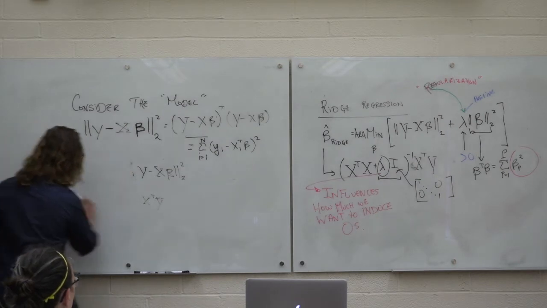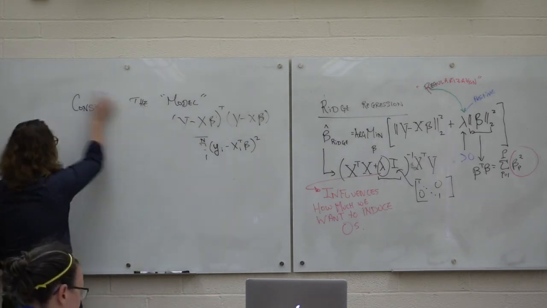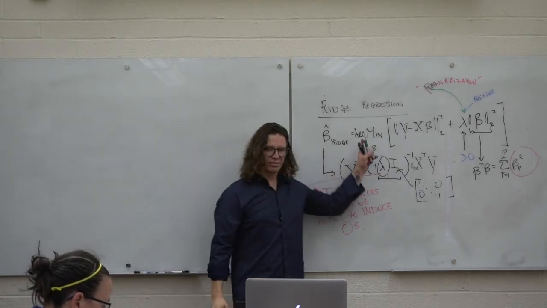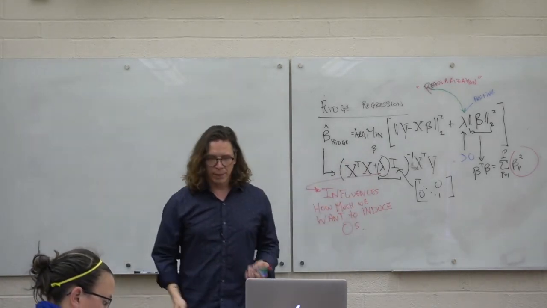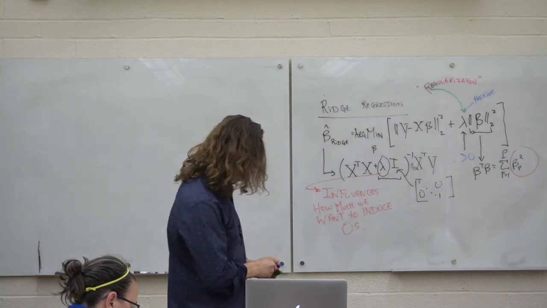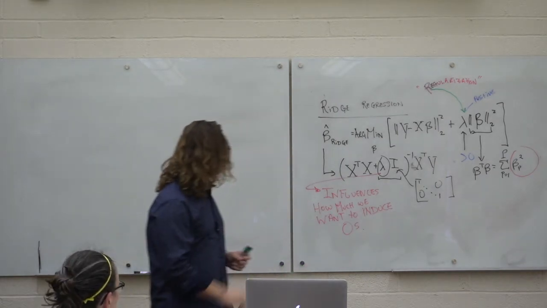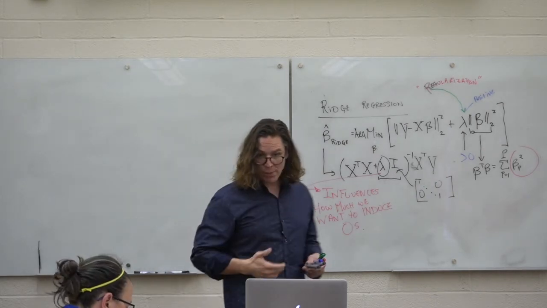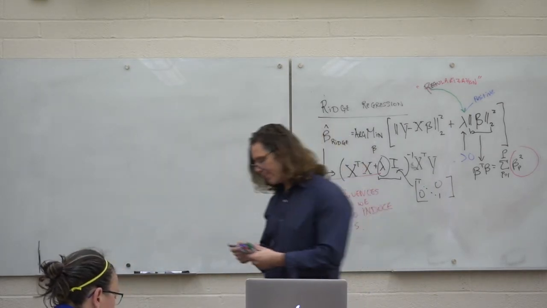So now I'm going to introduce the error term. What I've done over here is I just considered an optimization problem, and that optimization problem has the same solution as the Bayesian would come up with if they were using a flat prior on the betas.